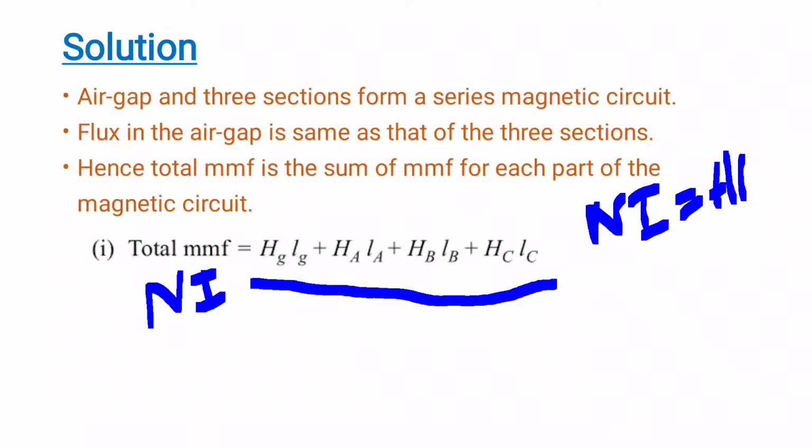So for the total MMF, from the question we don't have H, but we have L and we have flux, so we have to write H in terms of flux.